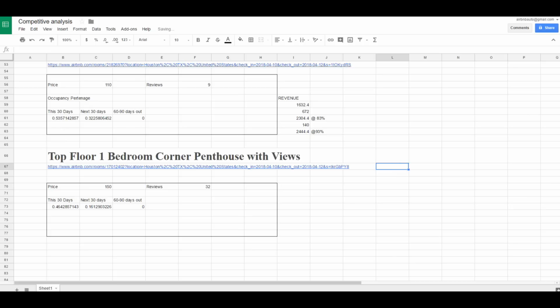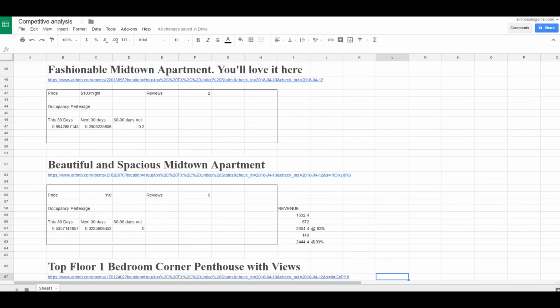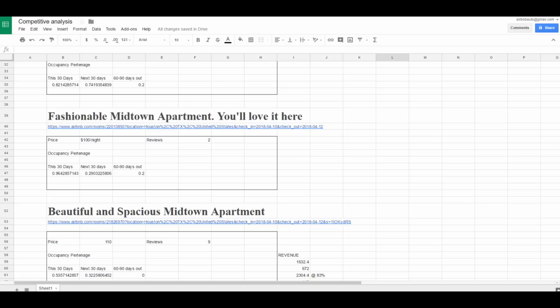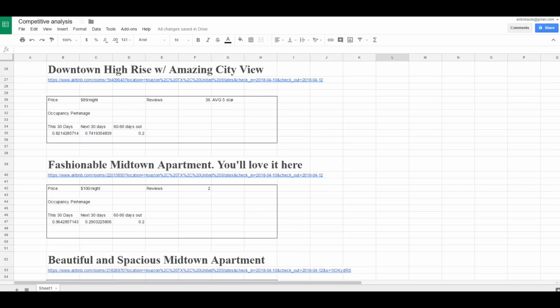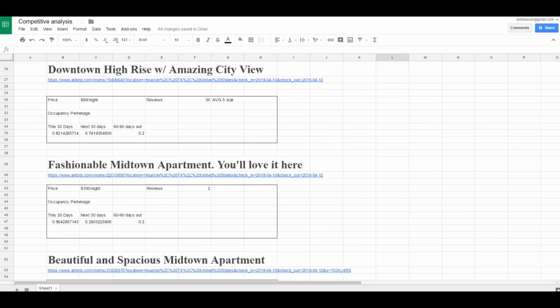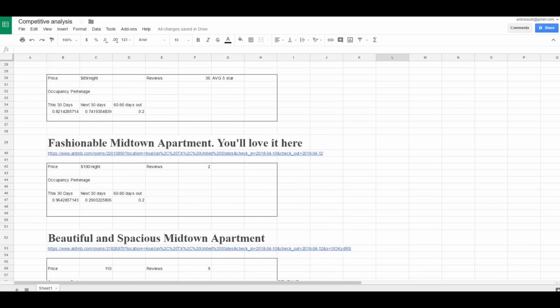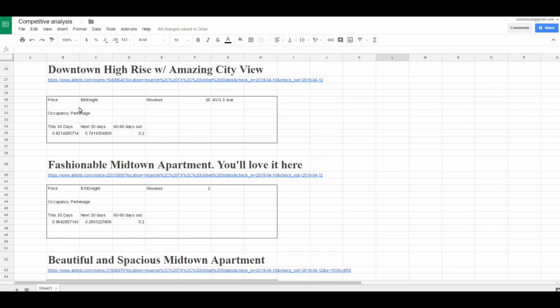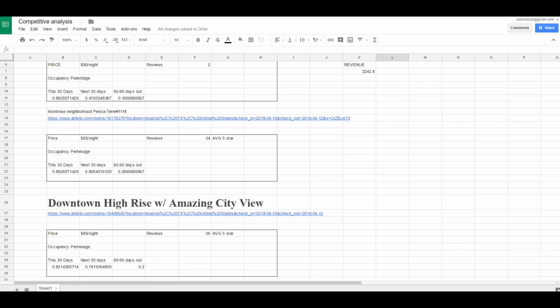So the highest occupancy percentages we'll see are actually mine at $100 a night. Then we've got a 90% at $95 a night, and an 82% at $89 a night. Another 89% at 95, and another 89% at 90. So we've got 2 near 90% at 90 and 95. Mine is at 96% at 100.